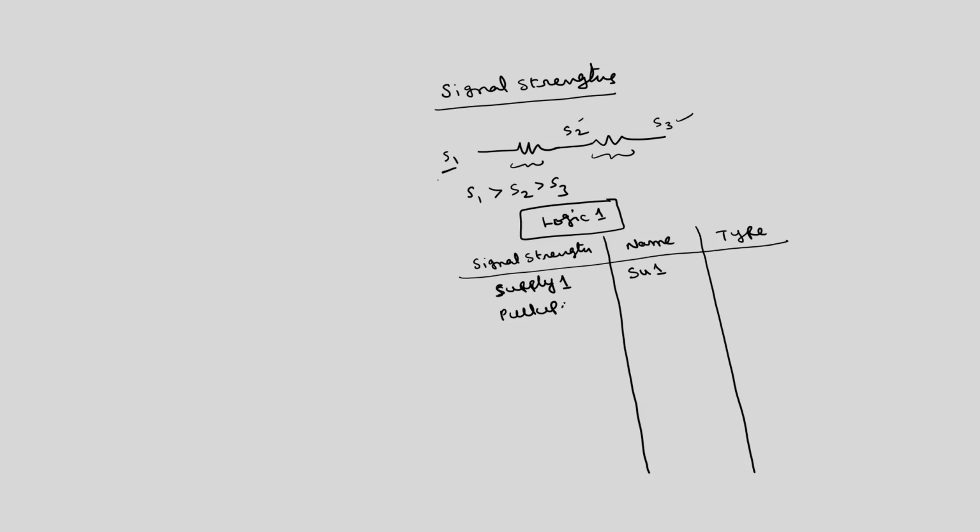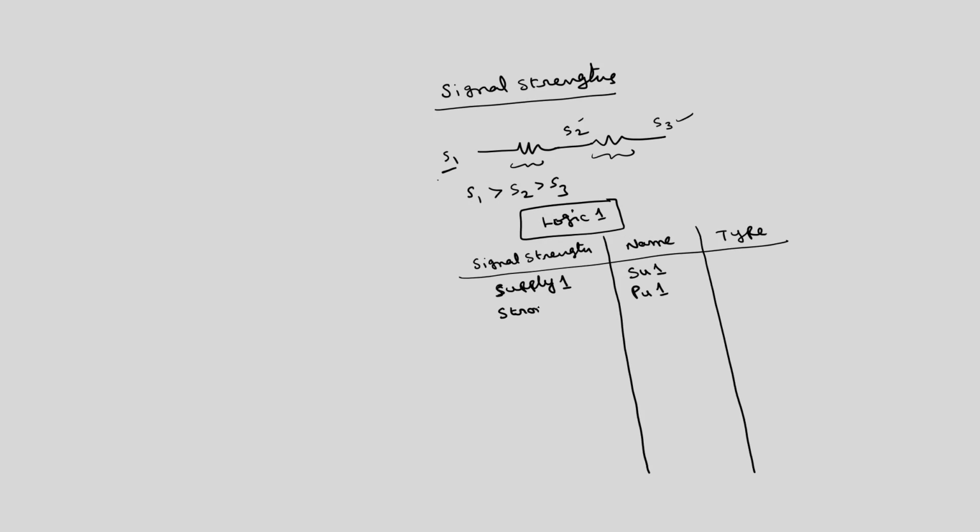Then supply 1, after that pull up 1, PU1, is the next signal strength. Then we have strong 1. These two are reverse: this is strong 1, this is pull up.